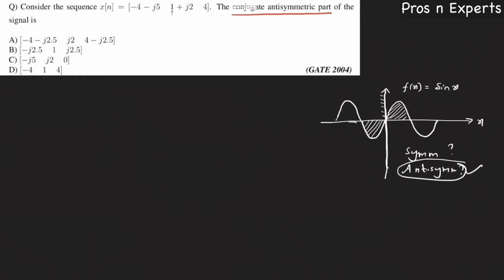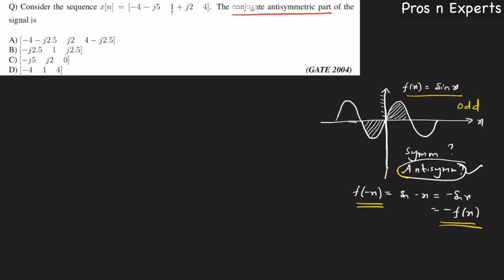And what is the signal sine x? Is it odd or even? F of minus x equal to sine of minus x equal to minus sine x, that is equal to minus f of x. So we can see that f of minus x will be equal to minus f of x, and therefore f of x equal to sine x is an odd signal.